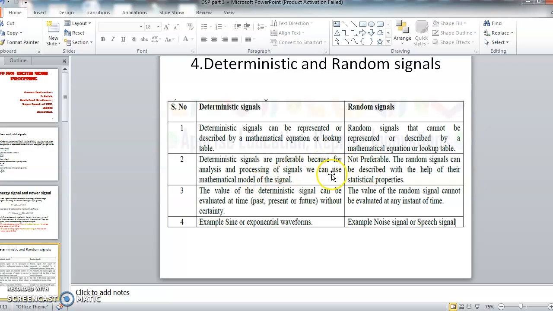Random signals are not preferable because we can't describe them. The value of a deterministic signal can be evaluated at any time, past or present, without uncertainty. Random signals cannot be evaluated at any instant of time. Examples of deterministic signals are sine waves or exponential waveforms, and examples of random signals are noise signals or speech signals.